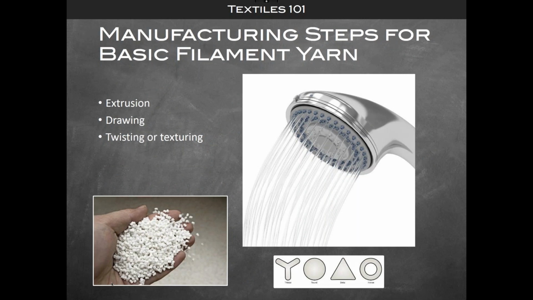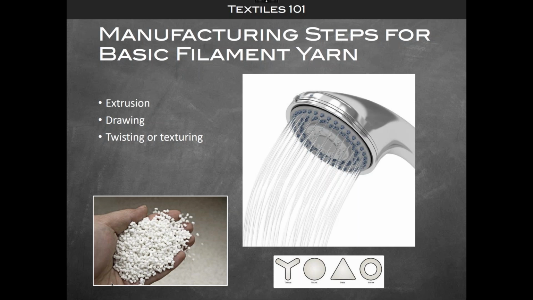These are the basic steps for making filament yarn. So the first step is extrusion. The fiber pellets are heated up and then extruded. And I'm showing the shower head here to try to represent a spinneret. So basically the fibers come out of the spinneret and have the same number of filaments as the finished yarn would have.